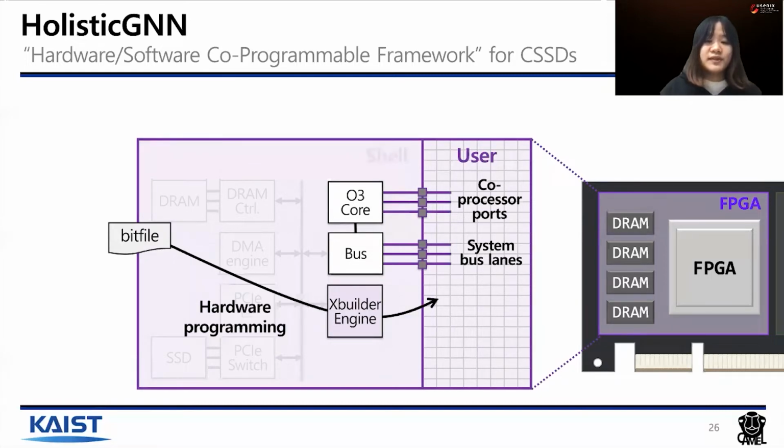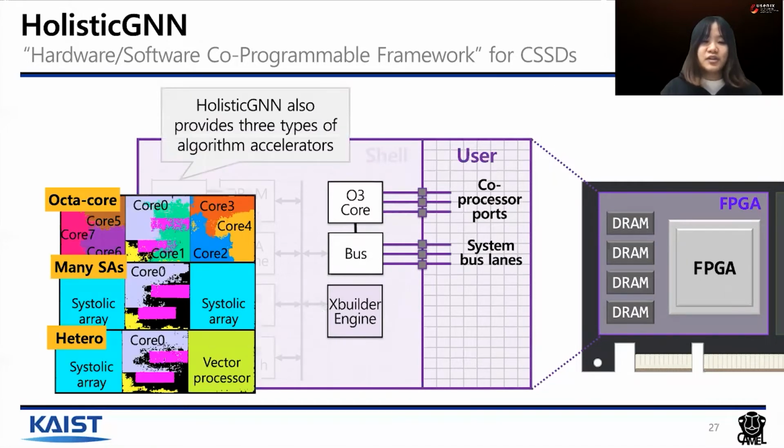So, when users send their bit file, the accelerator builder engine in our HolyCGNN hardware programs the hardware logic on the user region. HolyCGNN also provides three types of GNN algorithm accelerators for users who are not familiar with hardware programming.